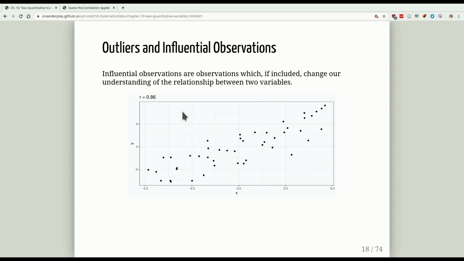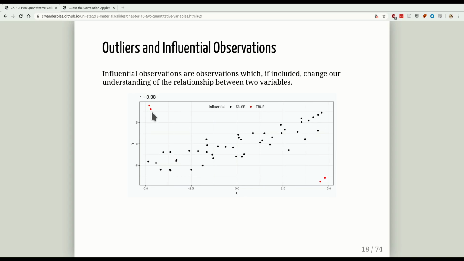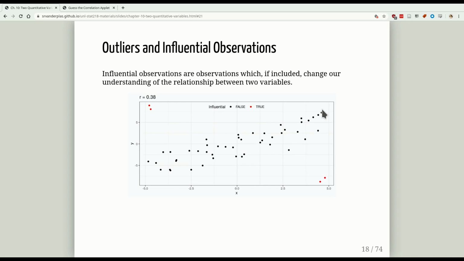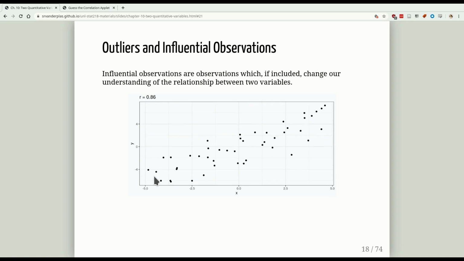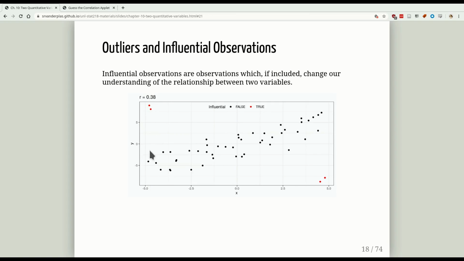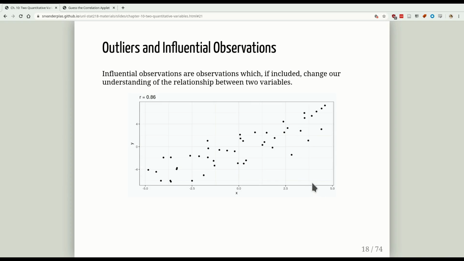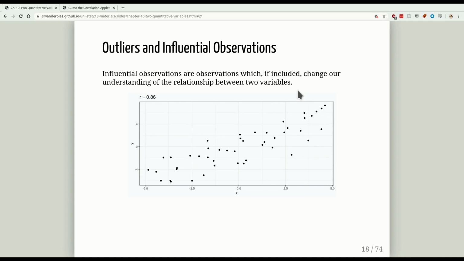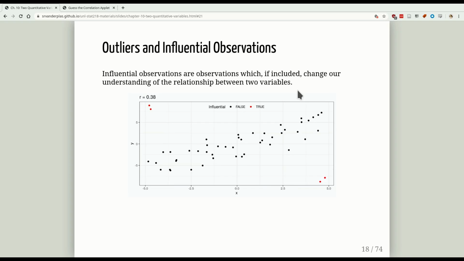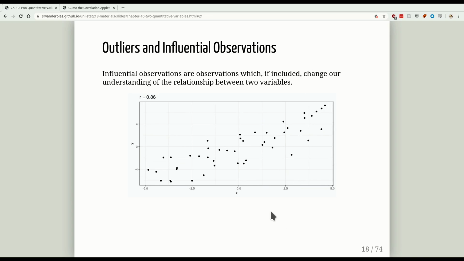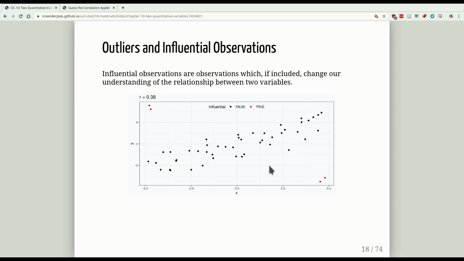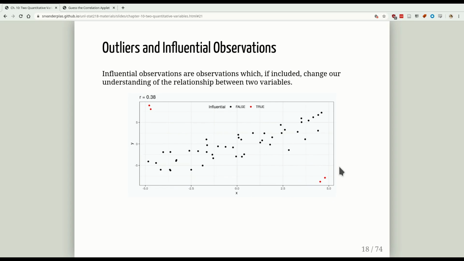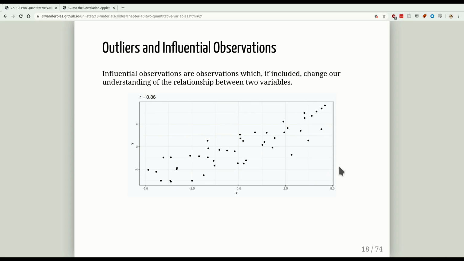Alright, so you'll notice that the red points in this particular animation aren't excessive in either x or y. There are other points that have x values that are about that extreme. There are other points that have y values that are about that extreme. What makes them exceptional is the fact that the x and y values don't match the relationship with the other points. Okay.